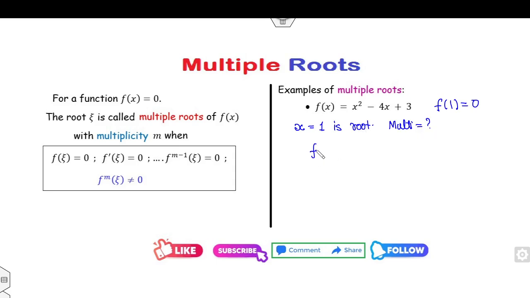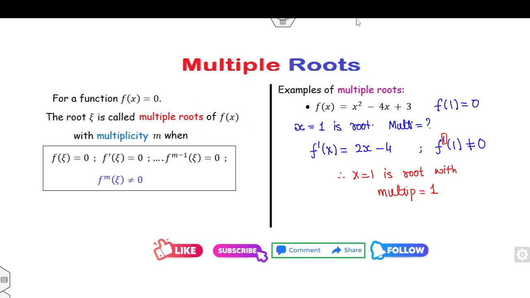For that I can find f dash, which is 2x minus 4, and clearly f dash of 1 is non-zero. Since the first derivative value is non-zero, x equal to 1 is a root with multiplicity 1. This is the way you can check the multiplicity.